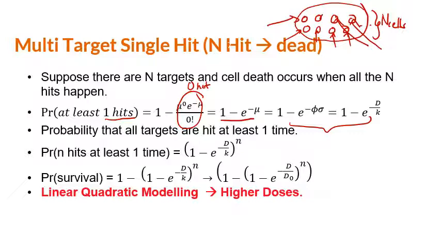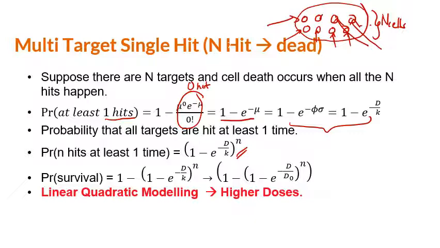So yung probability na meron kang N hits at a single time measurement is given by this equation. So (1 minus e to the minus D over K) raised to the N.